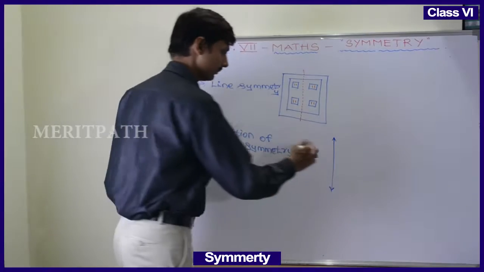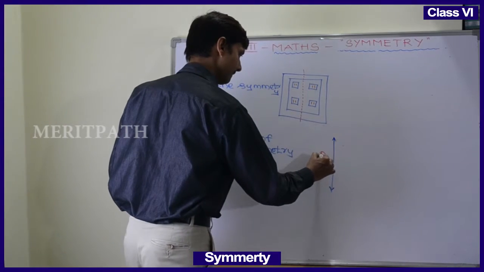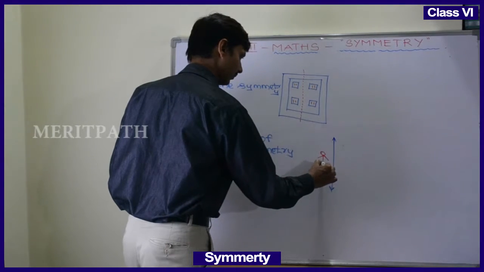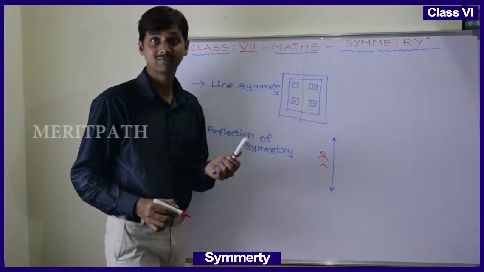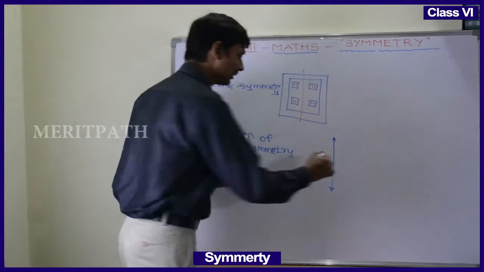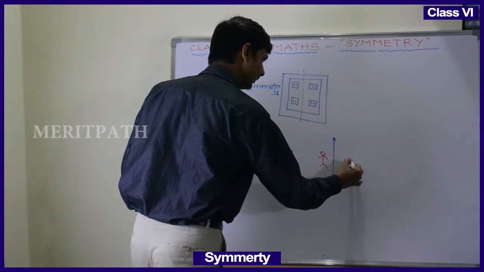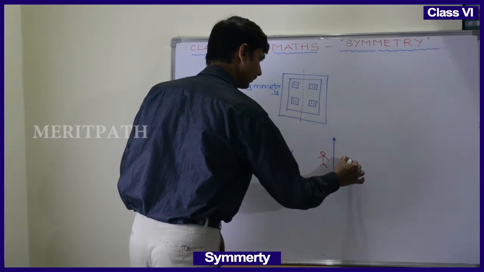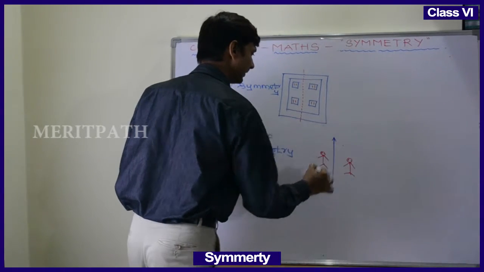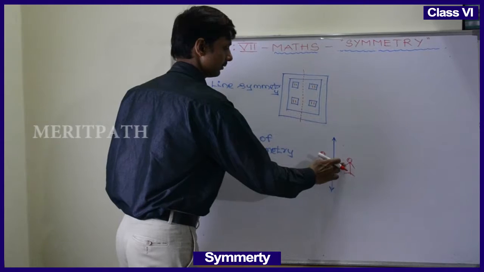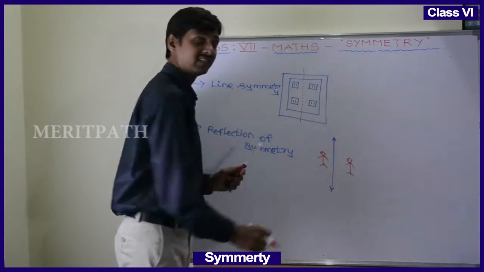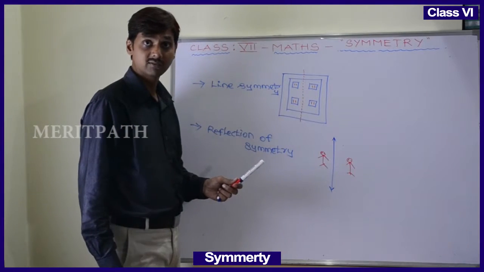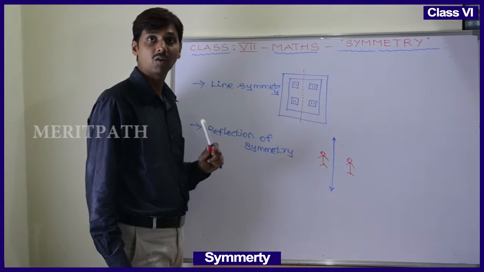For example, a person standing in front of the mirror looks like the same thing. It looks similar. These two objects look similar, so this is called reflection symmetry.